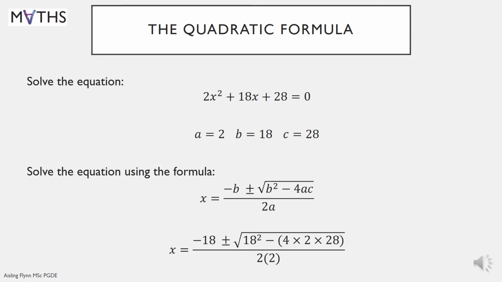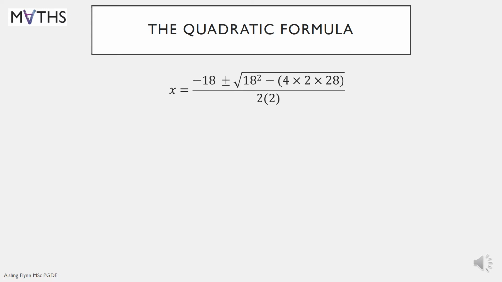I tend to use brackets there, not strictly necessary, especially when all the numbers are positive, but sometimes it can help when we have negatives. And under the line, all of the top line is to be divided by 2 times a, so 2 times 2.